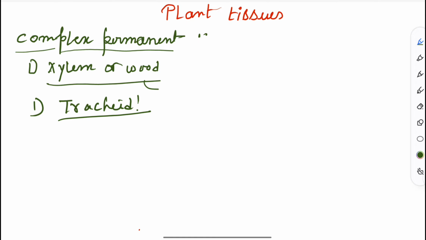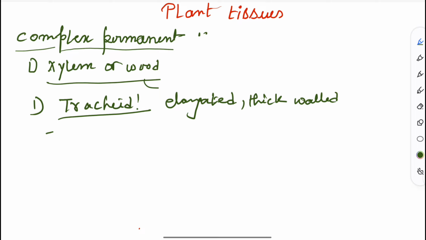Tracheids are elongated, thick walled and dead, as I said earlier, and they remain parallel to the long axis. They have to, otherwise how will they conduct the water?